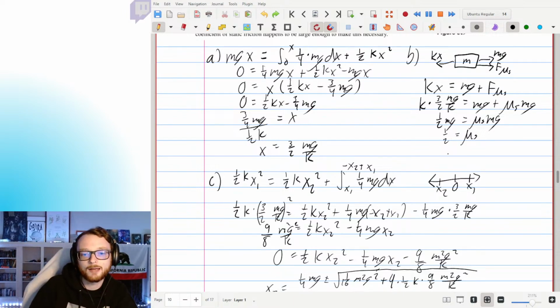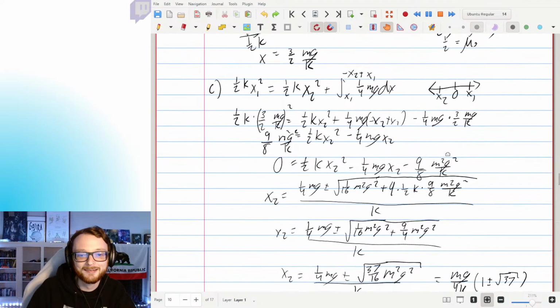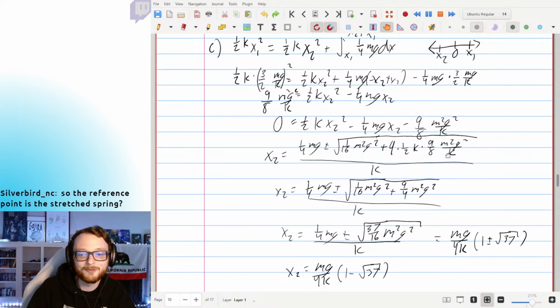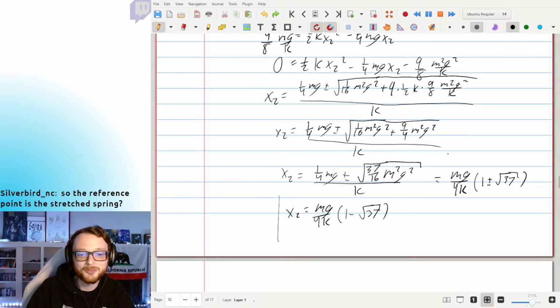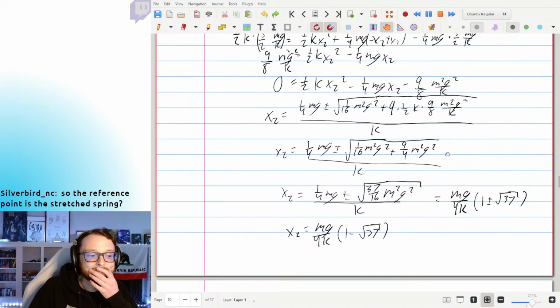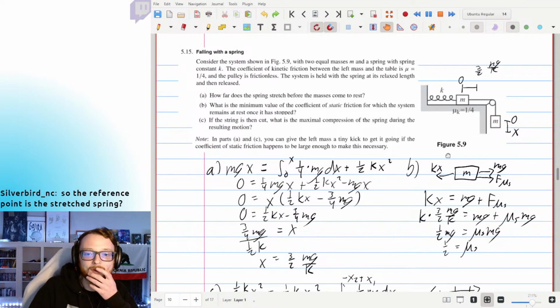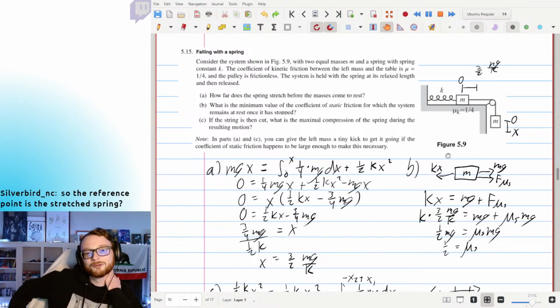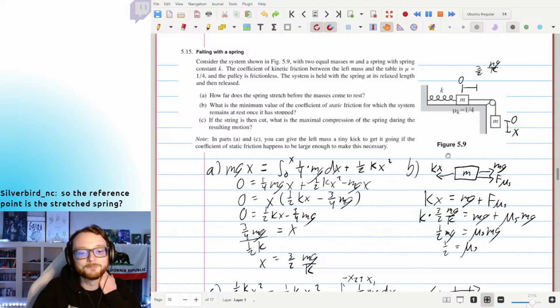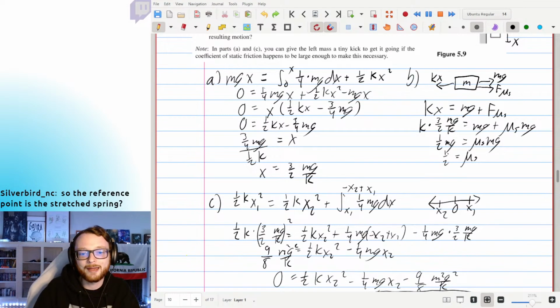So if I didn't do something disastrously wrong, which is highly likely, I think I'm getting that for x2. The reference point? No, I'm setting 0 to be the relaxed length. It is making it a little bit harder to deal with the sign of x1 versus x2. So that's why I expect x2 to be negative if the relaxed length is 0.